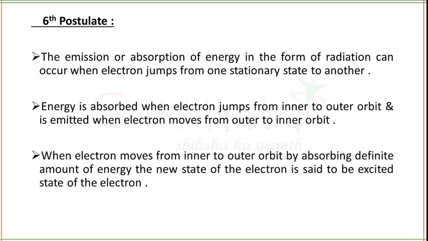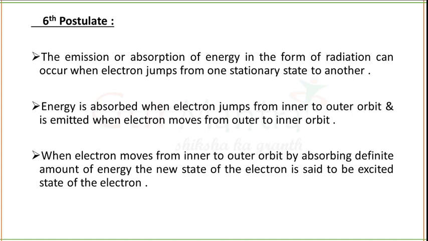Inner orbit is the nearest orbit to the nucleus, whereas outer orbit is the farthest orbit from the nucleus, and energy is emitted when electron moves from outer orbit to inner orbit.